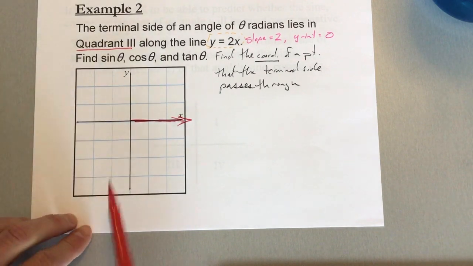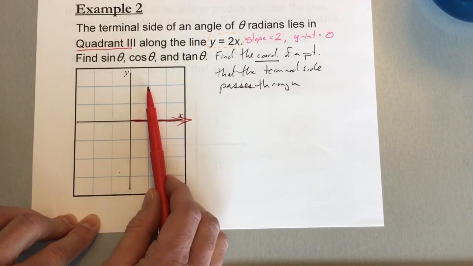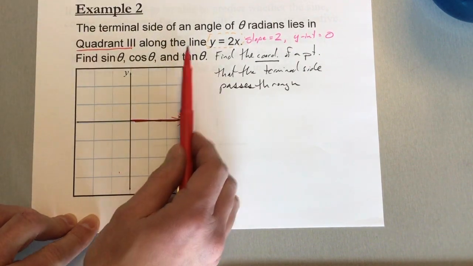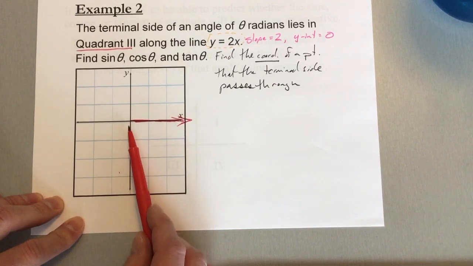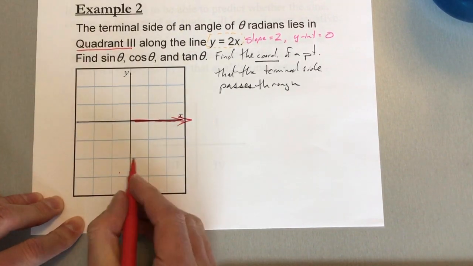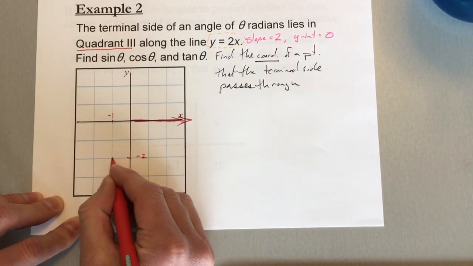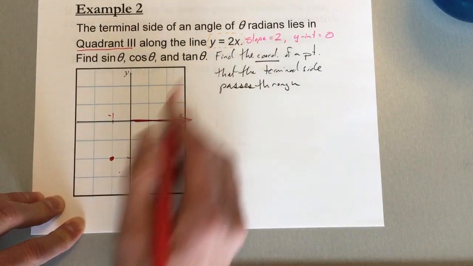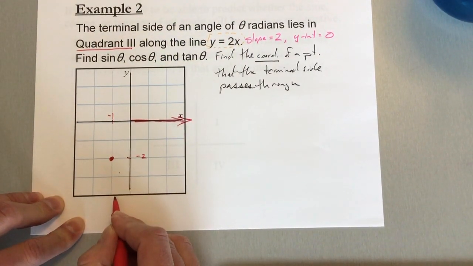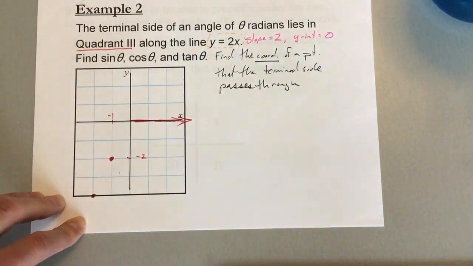If the slope is 2, I could use a rise over run of up 2 and over 1, but that would be heading into the first quadrant when I want to go into the third quadrant. So I'll use that same slope and go down 2 and over 1 to locate a point that's on this line. I could even go down 2 again and over 1 to find the coordinates of another point.